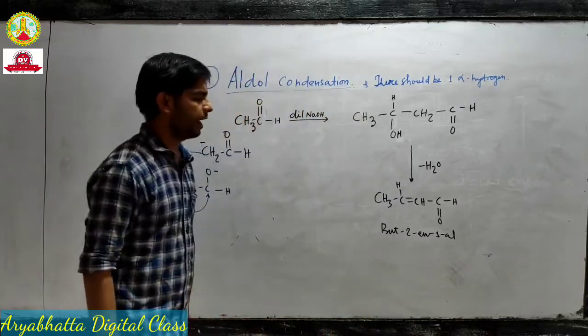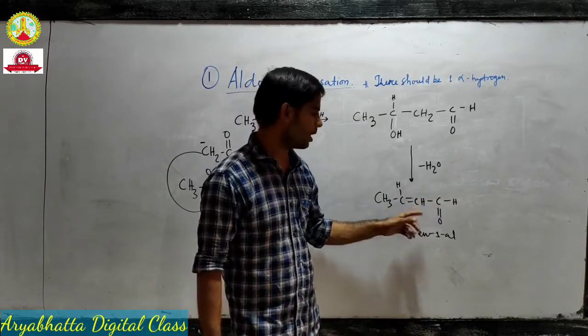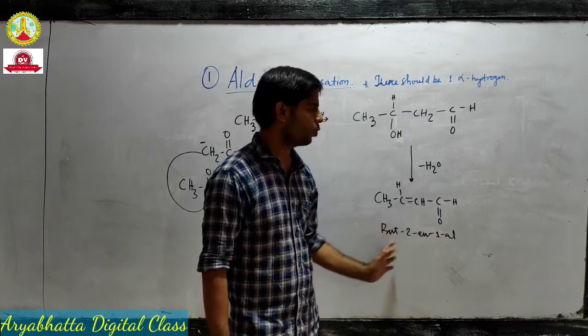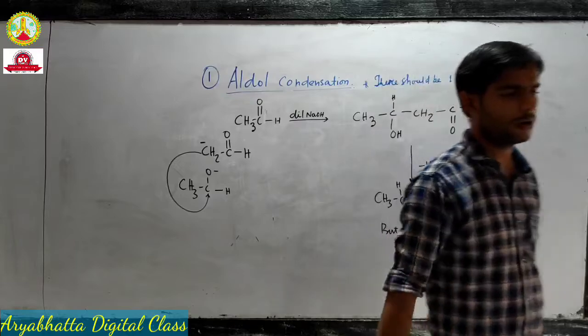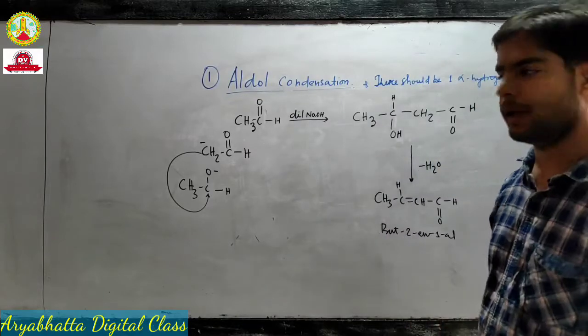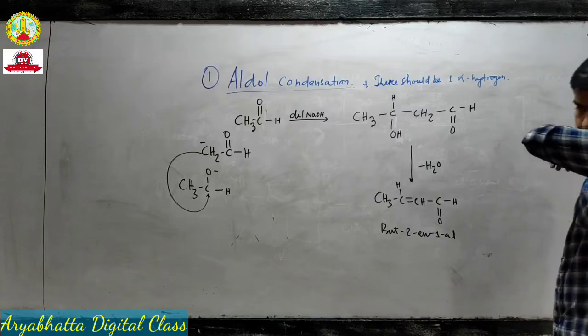We have an alpha, beta unsaturated aldehyde. On the alpha, beta carbons we have a double bond, and this is what we were looking for. This is what we call our aldol product. Okay, this is our final aldol product.